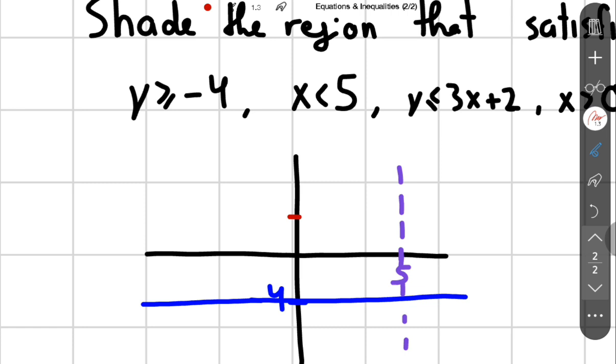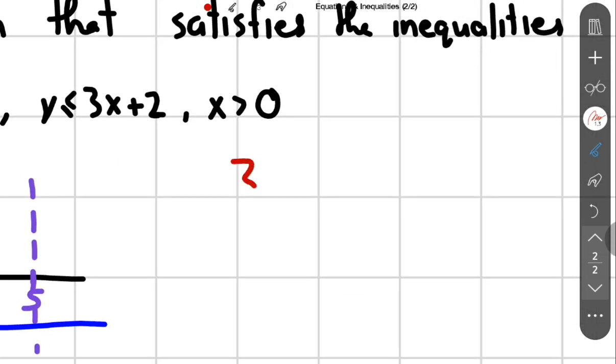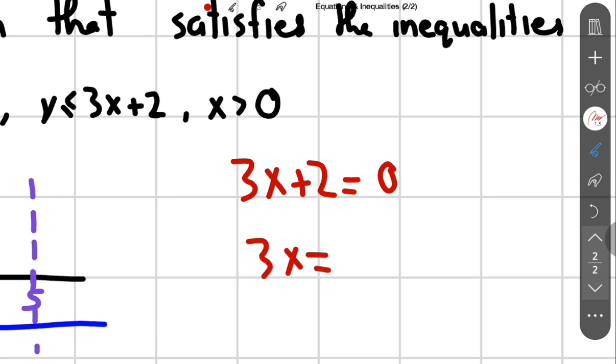So let me just make sure. Y equals 3x plus 2. So when 3x plus 2 equals 0, yeah, x equals -2/3.